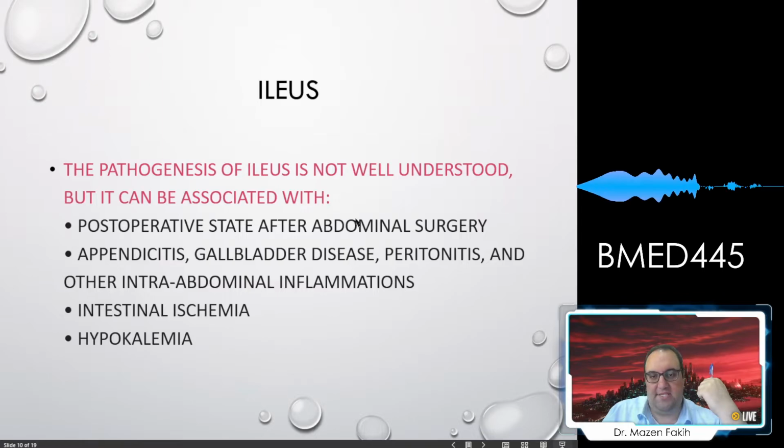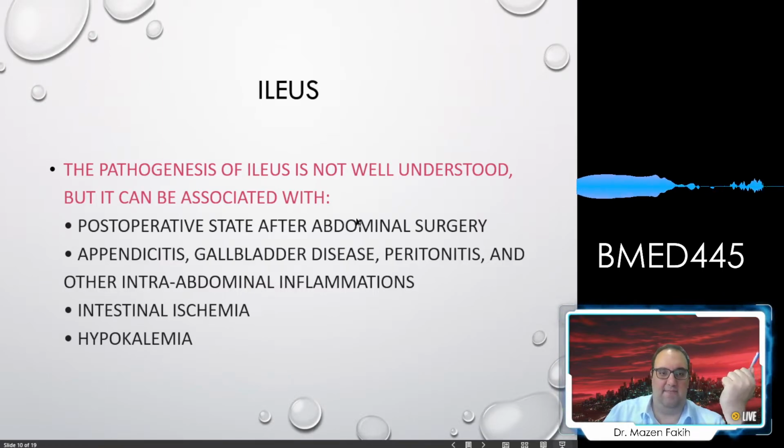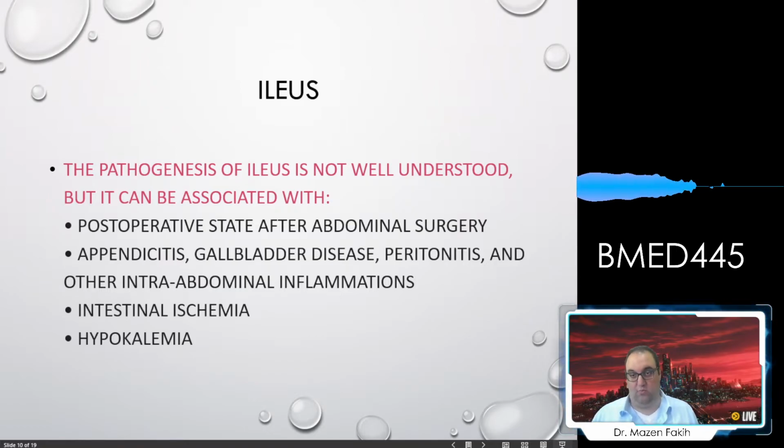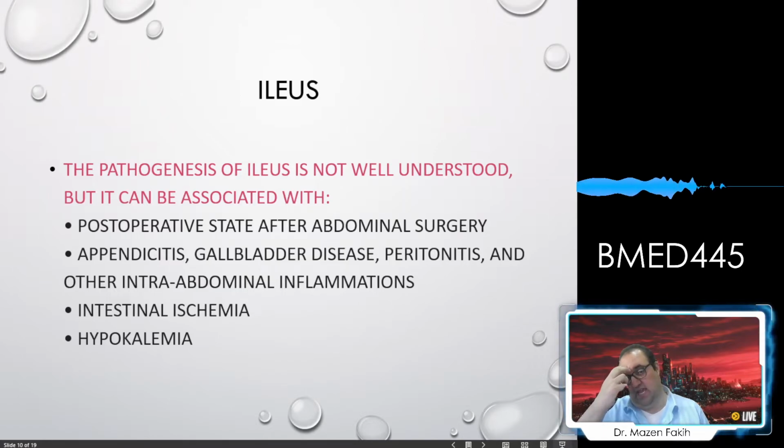We don't understand very well why ileus happens. We know it occurs post-operatively, after abdominal surgery, when we touch the intestines or do anything that has to do with the intestines. You notice that if you visit a patient who had abdominal surgery or a cesarean, they are not allowed to eat until the moment they pass gas. Once they pass gas, we know that peristalsis is working again and they can eat.